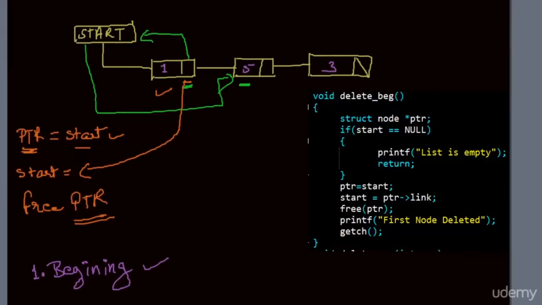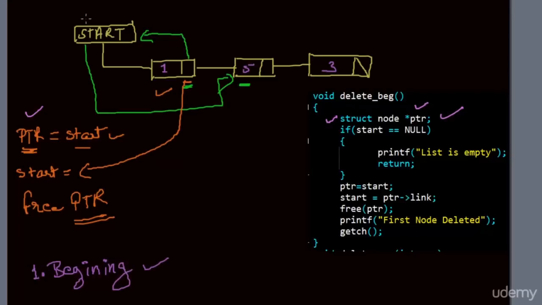Now here is the fragment of code for deletion of a node from the beginning. It's pretty simple. This particular variable PTR is nothing but this one. We are simply declaring one variable, *PTR, as this needs to store an address location of struct node type, as we want to store the address of a node, which is definitely a structure.